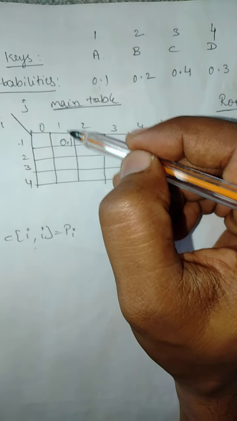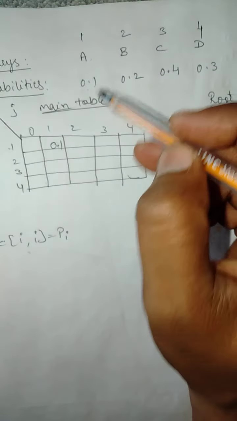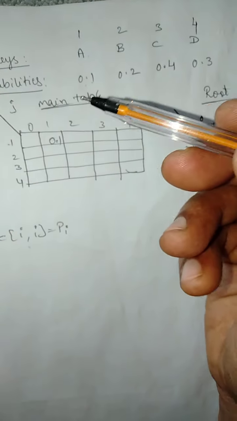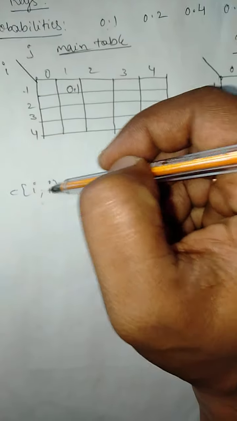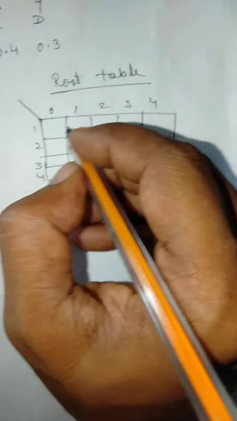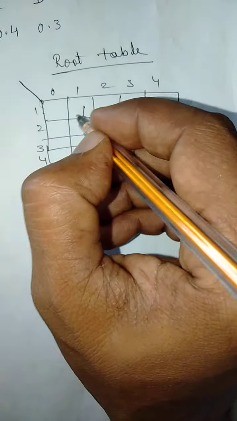And with this, which is the root node? Key 1 itself is the root node, because we have only one node in the search tree. Therefore, for 1 comma 1, the key is 1, the first key itself is the root node.